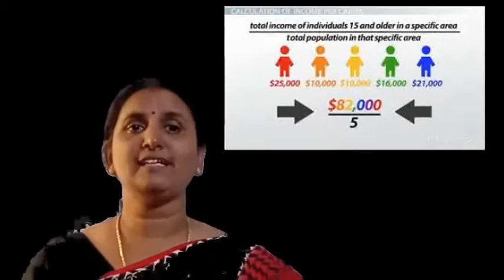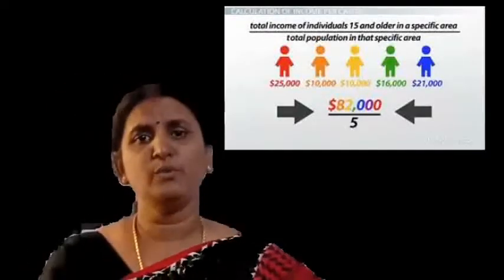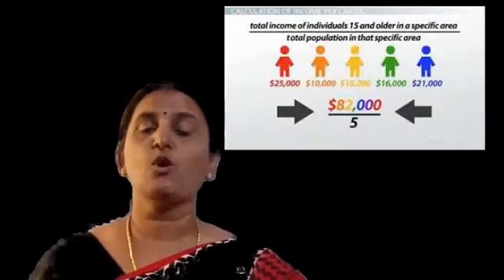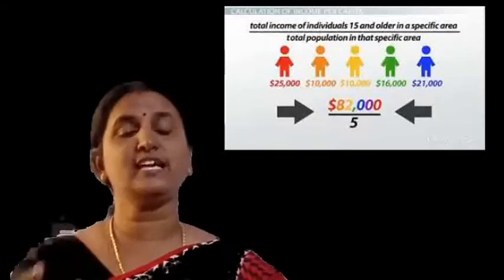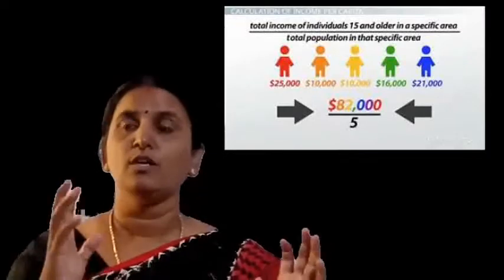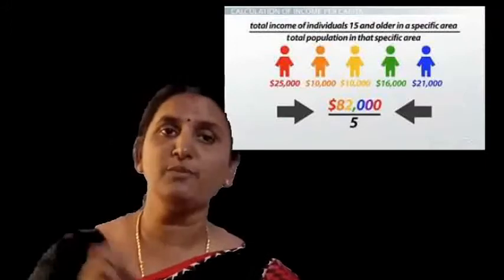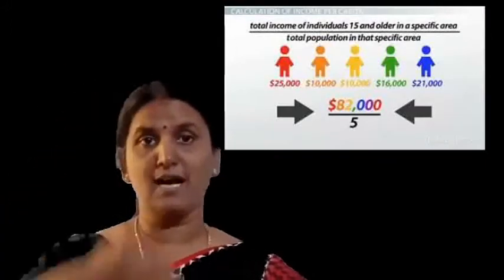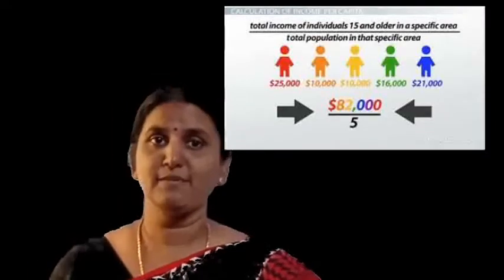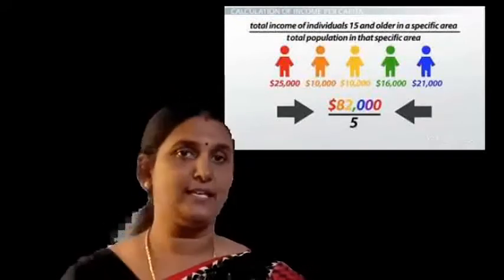How do we calculate the average income? Each and every country has a different population. So with the help of the population we can calculate the average income. For example, if you are getting marks in 5 subjects, how do we calculate the average? The total marks is divided by the number of subjects you wrote in the examination. If you take 5 subjects, it is divided by 5.